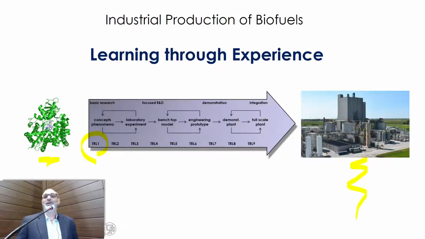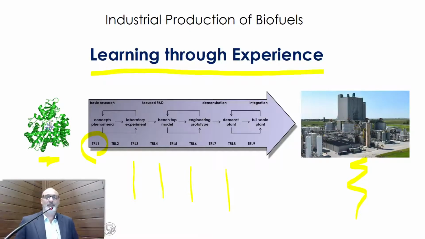Now we have industrial units to try to do this in large scales and to make money out of it and so on. So both ends of this scale and also the parts in the middle happened and are happening right now. So what have we learned from all these experiments?